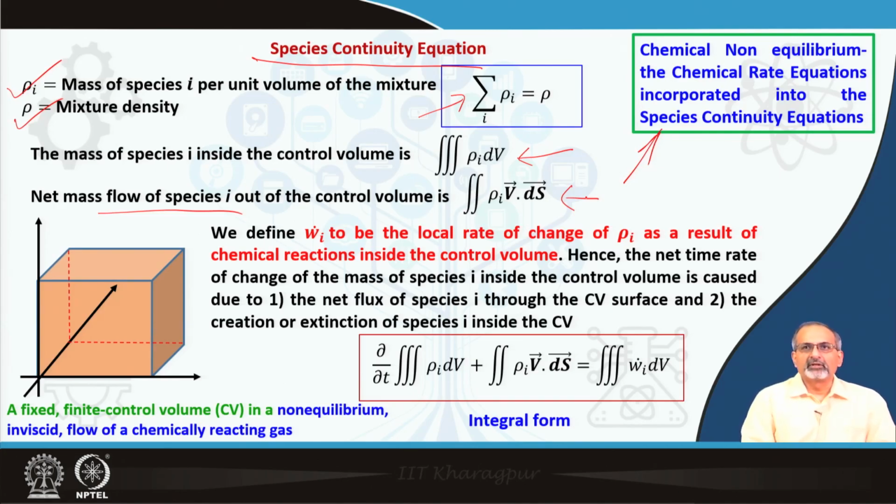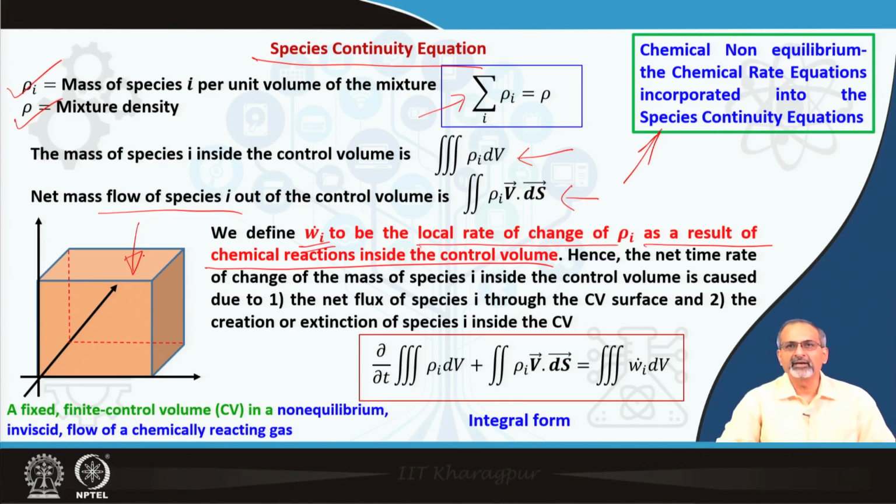Now, the difference comes up over here. We define a term W I dot, which is the local rate of change of rho I as a result of chemical reactions which may be taking place inside a control volume. Typically, it may look like this, where you are looking at a box inside which essentially some chemical reactions are going on in high temperature air, and you are trying to monitor them under a non-equilibrium environment.